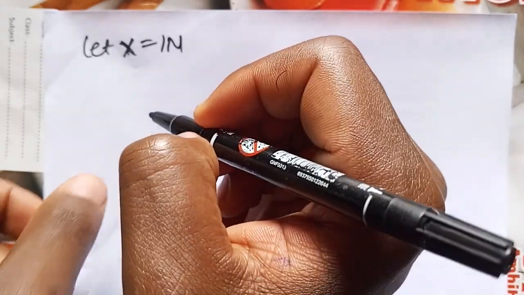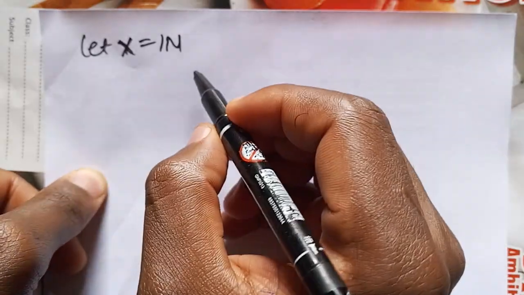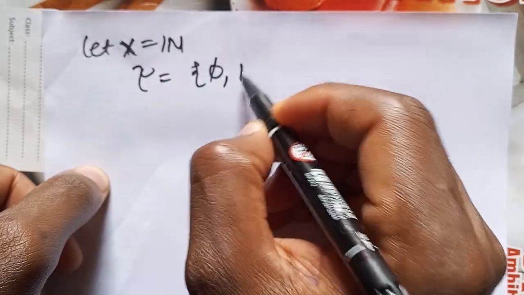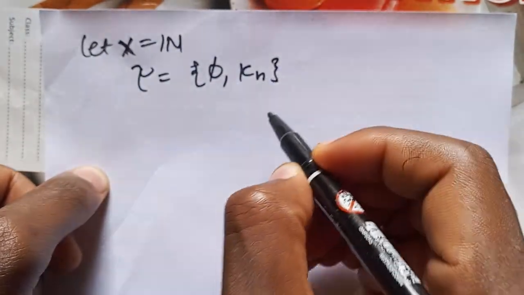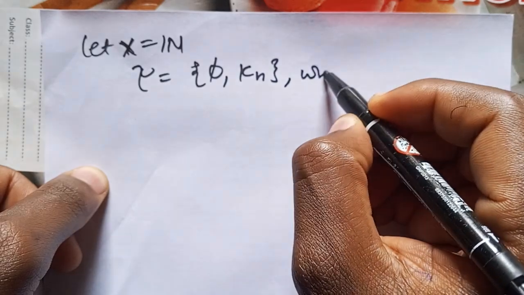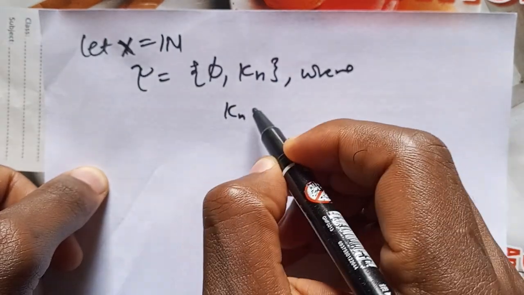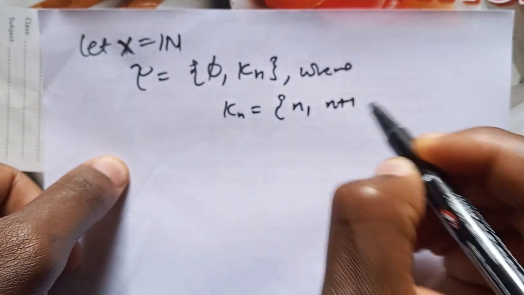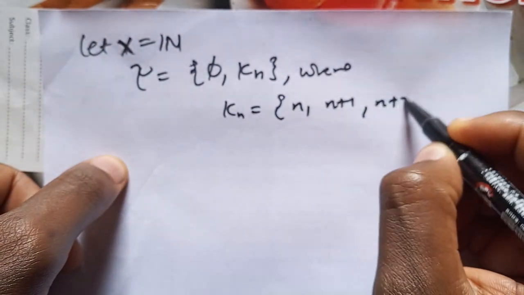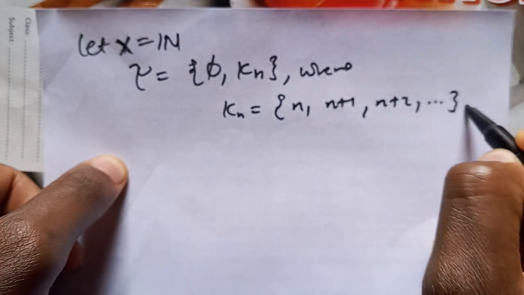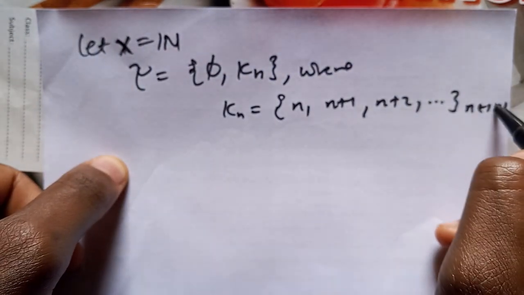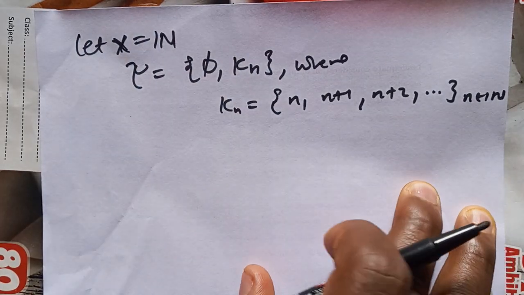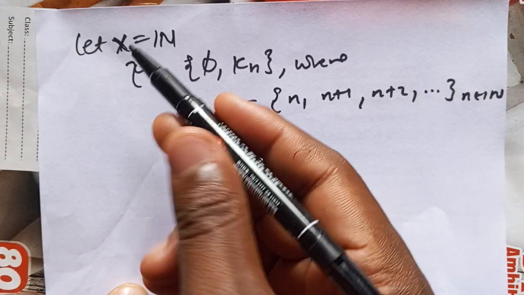Okay, let x equal the set of natural numbers, and let tau be the empty set and K_n, where K_n is defined as n plus 1, n plus 2, and so on, where n is coming from the set of natural numbers.